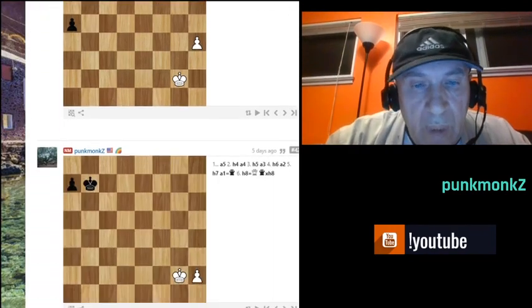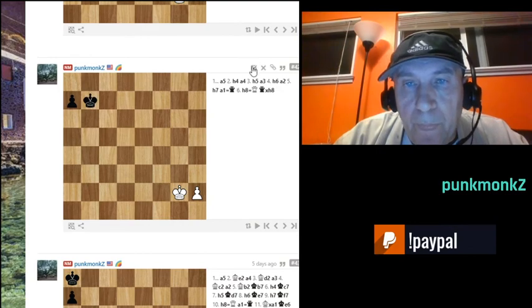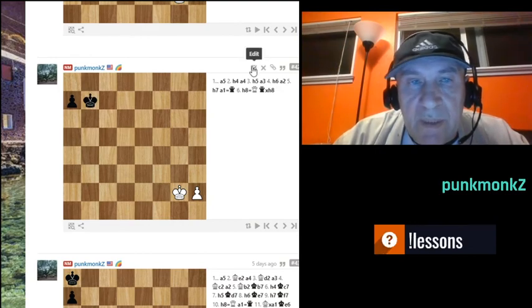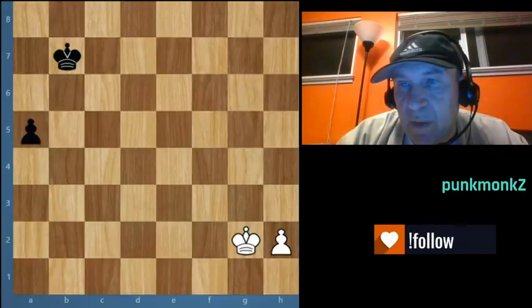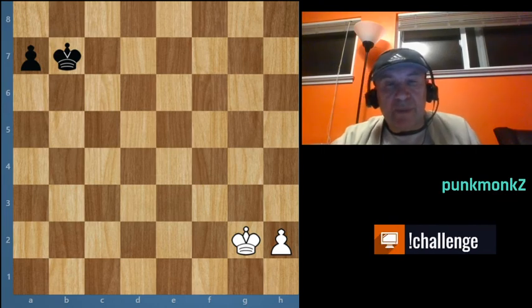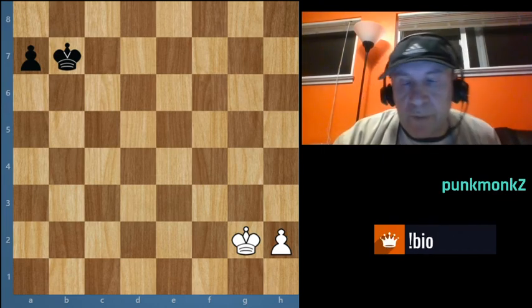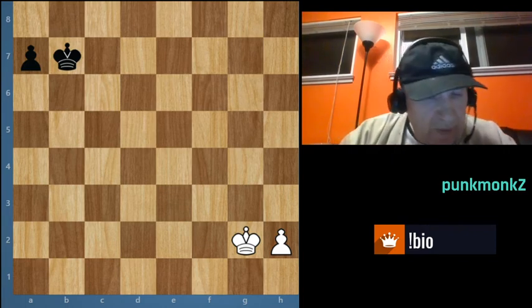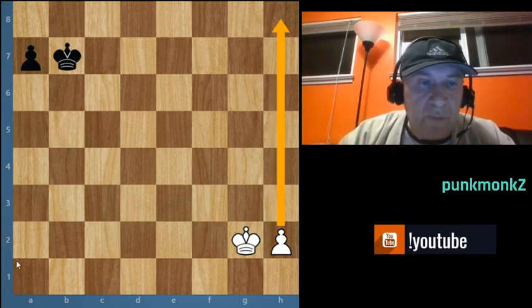Okay, let's take a look at this one. I'm not sure what this one is about, but okay, let's look at it. Maybe I can figure it out, maybe I can't. All right, so this is the position, and we have to decide what's going on here. Okay, so white has a passed rook pawn, and black has a rook pawn.